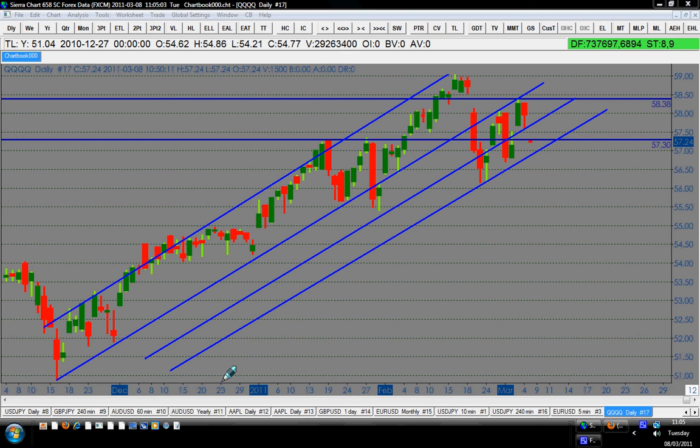A gentleman who is using the TSTW24 trading system has sent me this chart today to look at it and to ask me what I think.